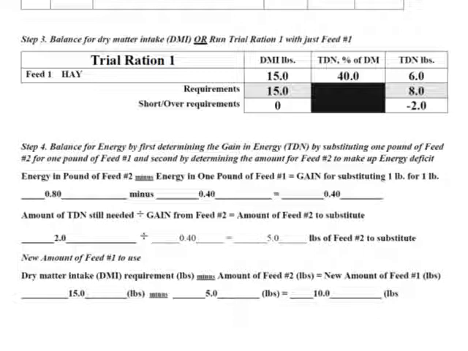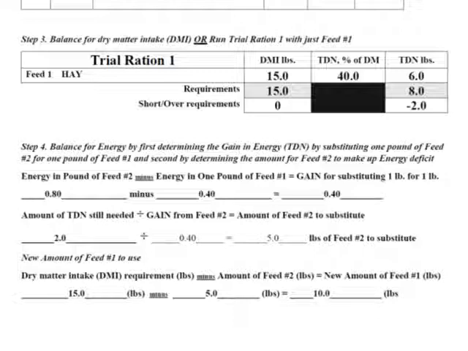Our feed 1, we're going to subtract the amount of TDN in 1 pound of feed 1, so 0.4. The difference between the two, 0.8 minus 0.4, is 0.4.